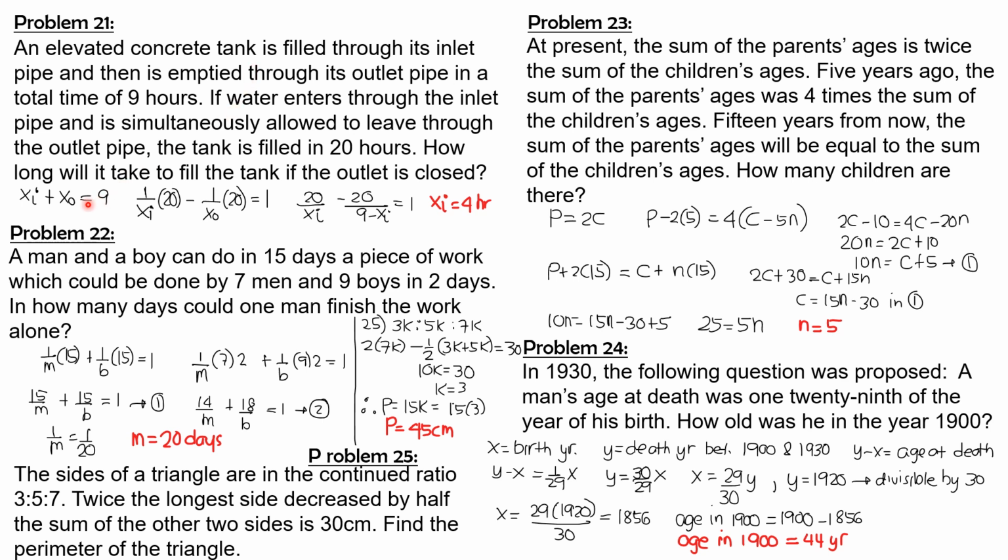Then the rate of the inlet pipe to fill the tank is 1 over xi, reciprocal by principle, remember. The rate of the outlet pipe would be 1 over xo.